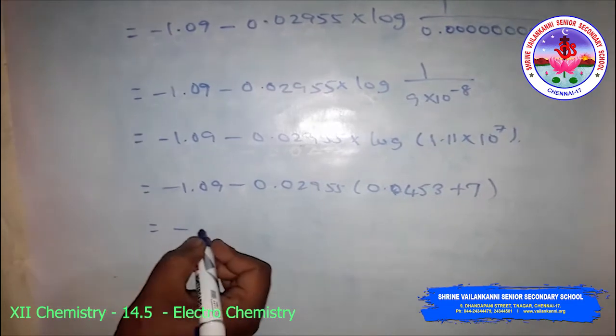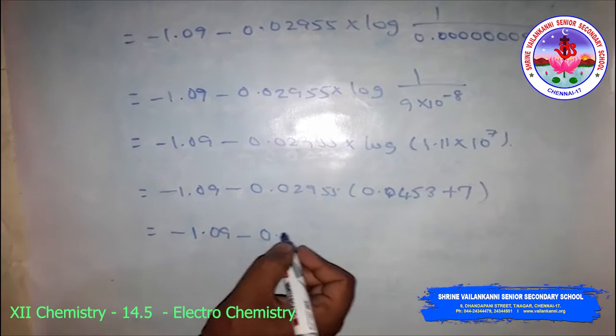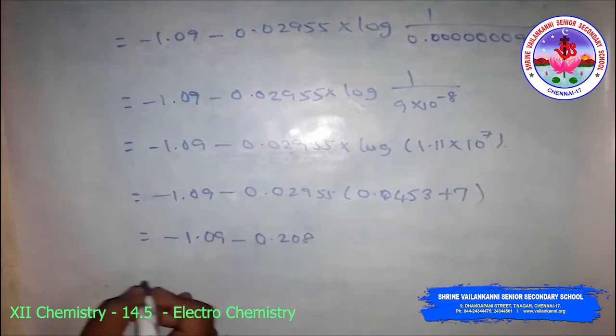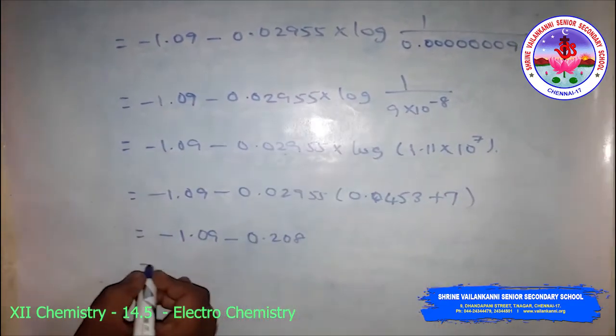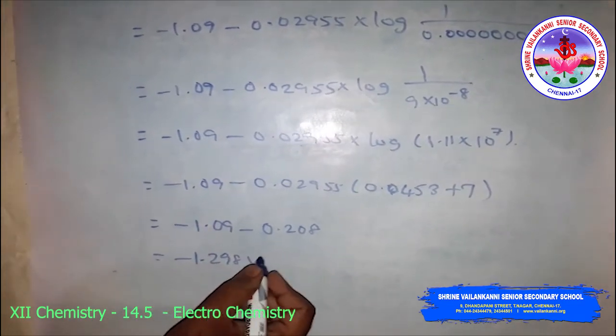Then minus 1.09 minus 0.208. After simplifying this, you will get the value minus 1.298 volt.